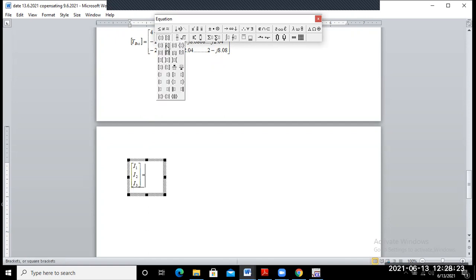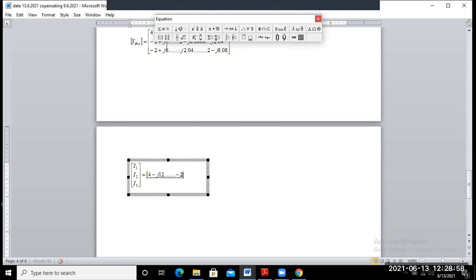the Y bus admittance matrix, that means 4 minus j12, minus 2 plus j6, minus 2 plus j6.